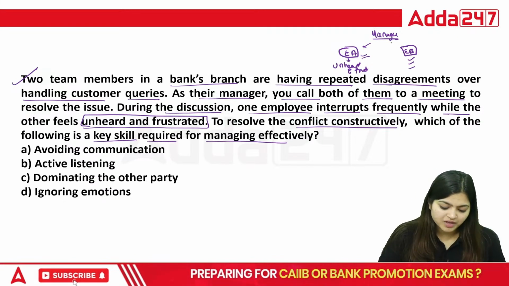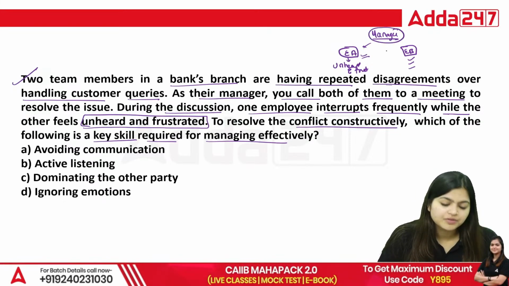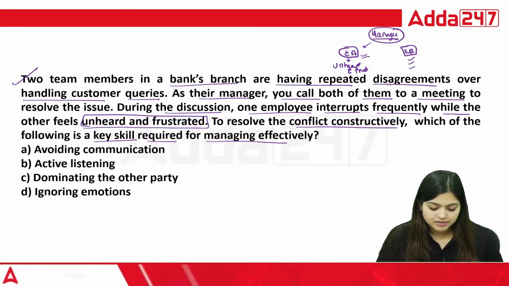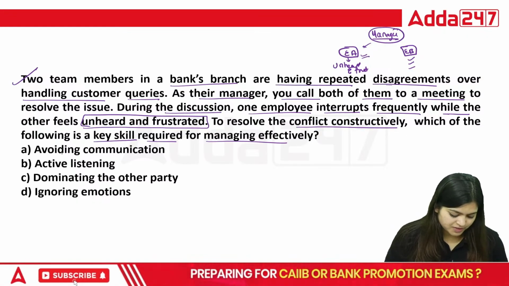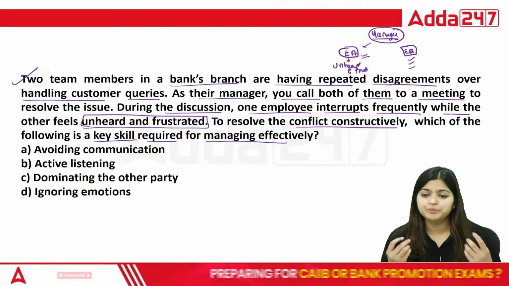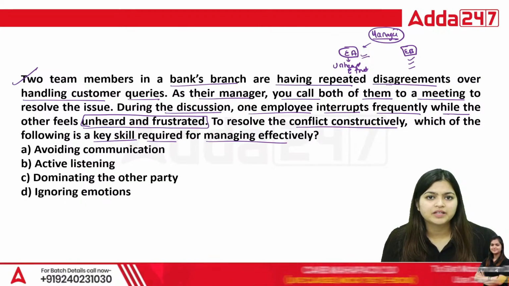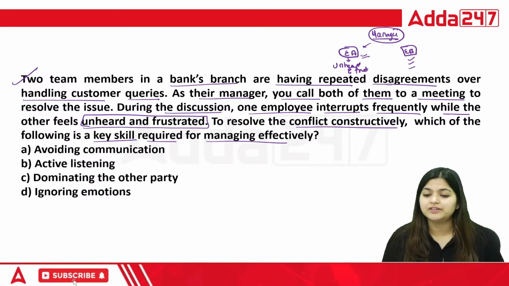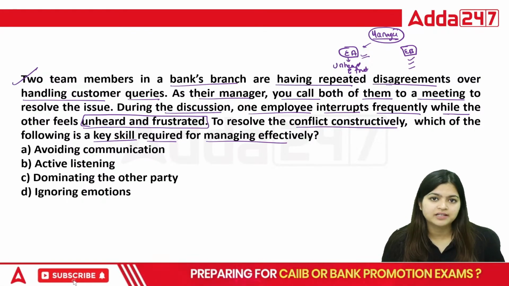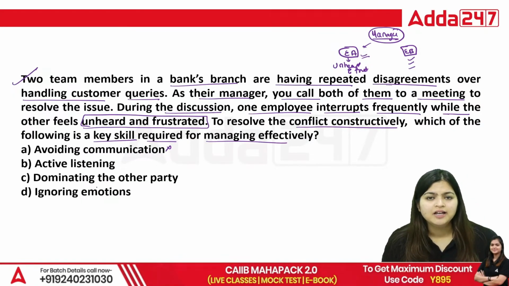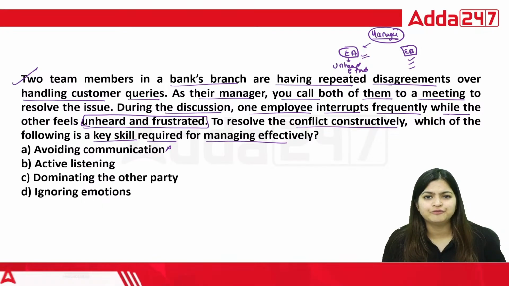So as a manager, what will you do? How will you resolve this conflict? One option is avoiding communication, avoiding both A and B. Can you resolve it that way? No, that will again increase the disagreement. Dominating the other party, behaving biased?